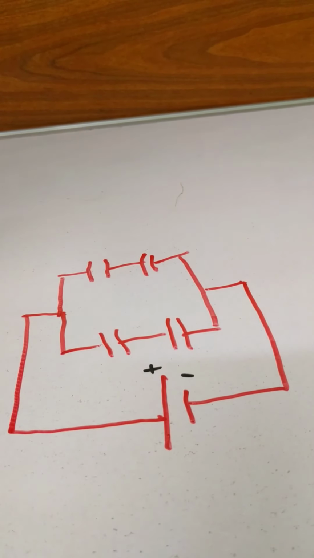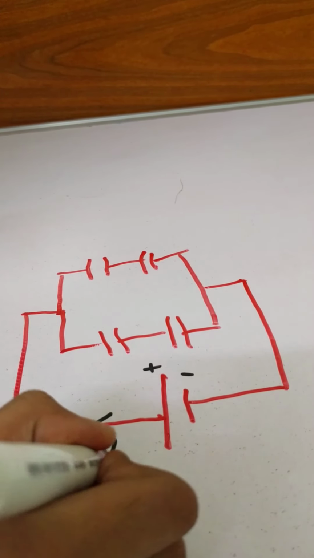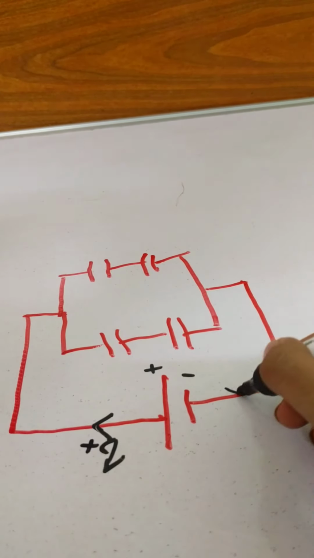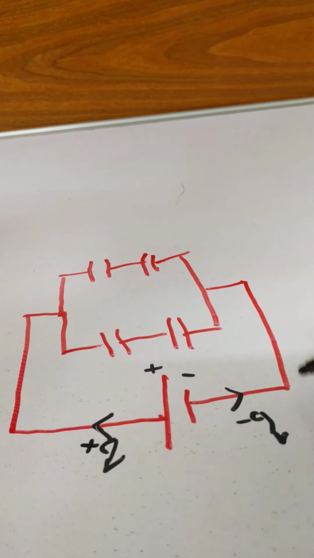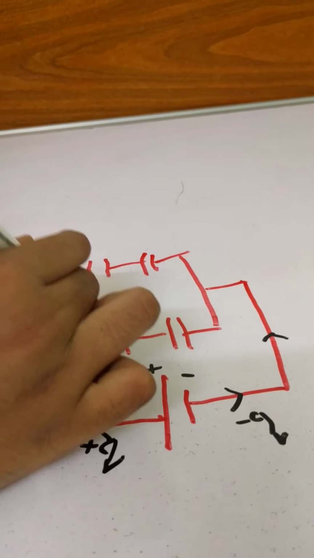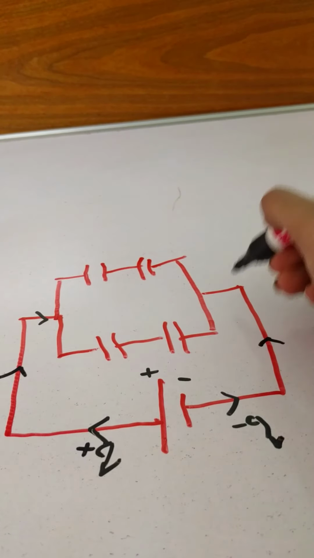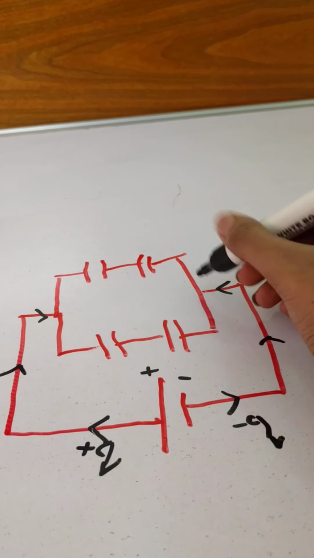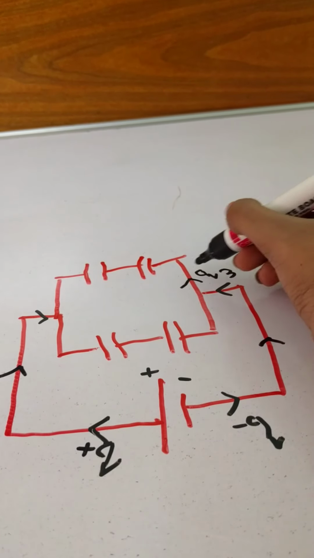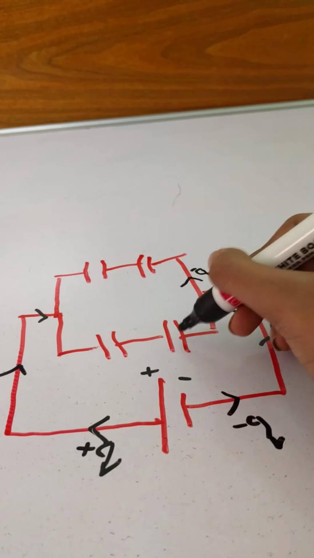So this is plus q. The plus q charge will flow from this direction, and the minus q charge will flow in this direction. Now these two meet at this point, plus q and minus q. This is very important. Here I will assume q3 minus goes this way, and q4 minus goes this way to this capacitor.